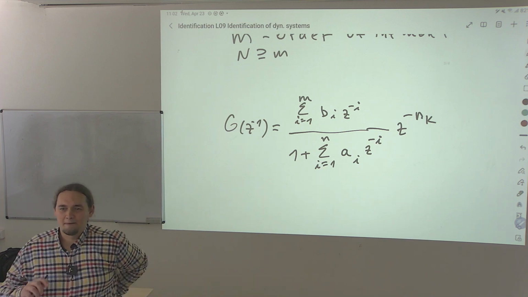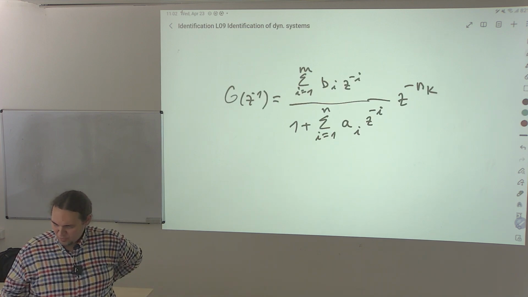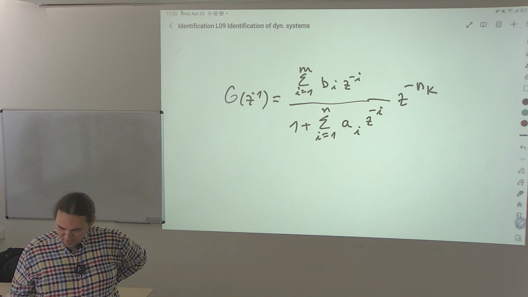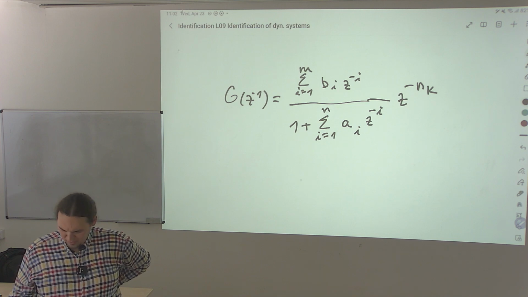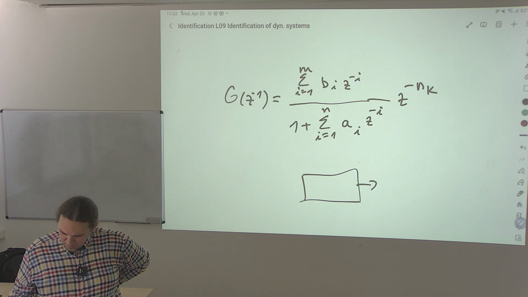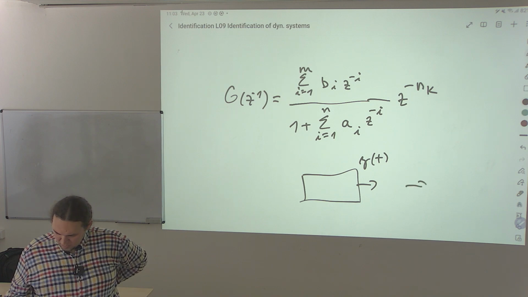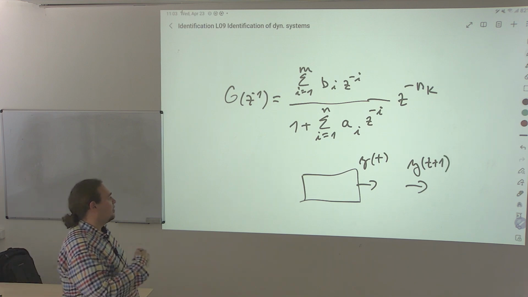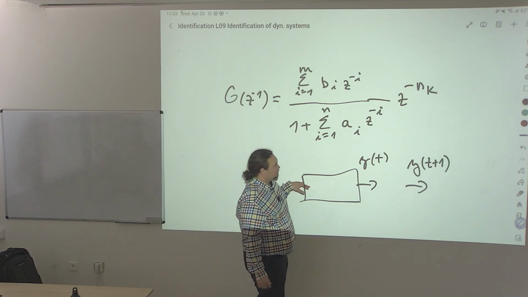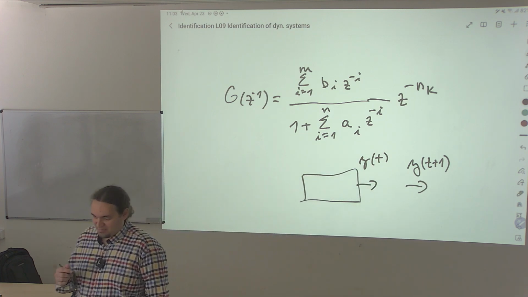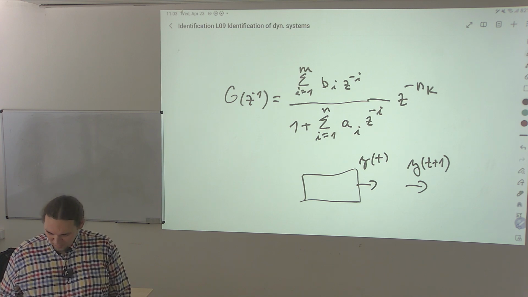Doesn't ring a bell? When you are simulating, you have maybe an S function or whatever model that gives you the signal at the time t, and since you supplied the input at time t, your next input you only get at time t plus 1. What do you use in Simulink? What sort of a block?